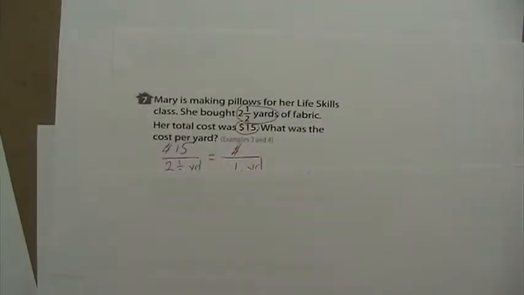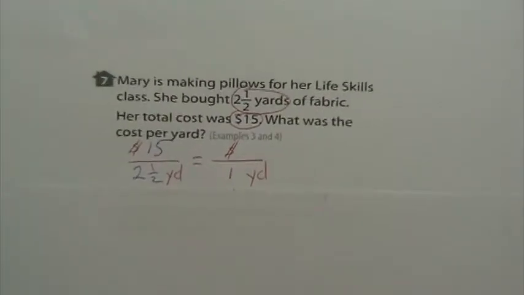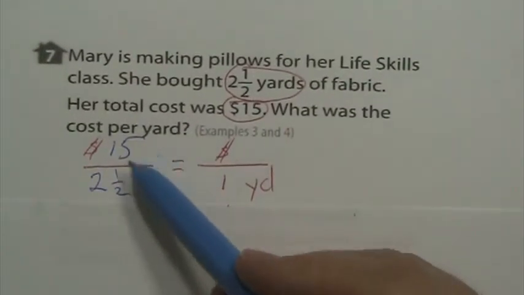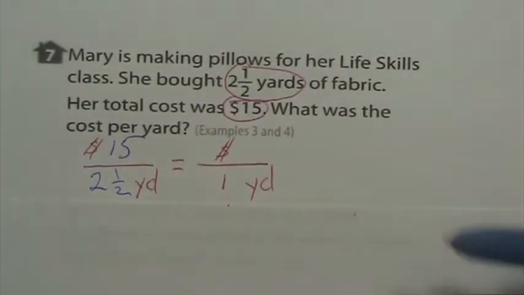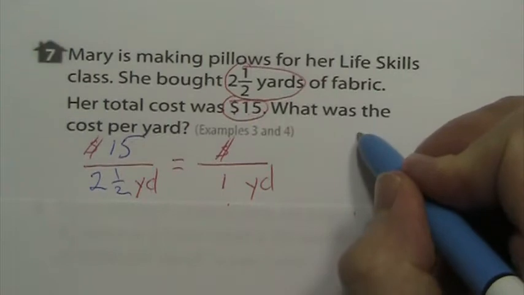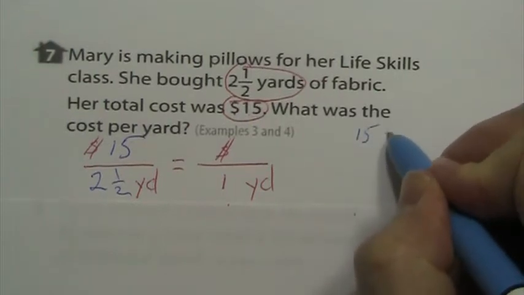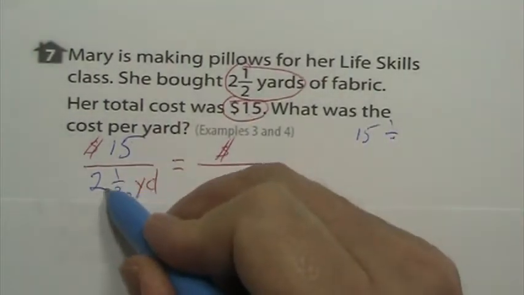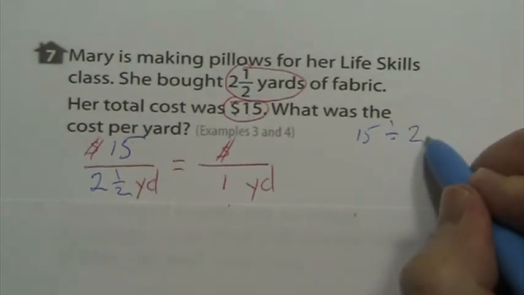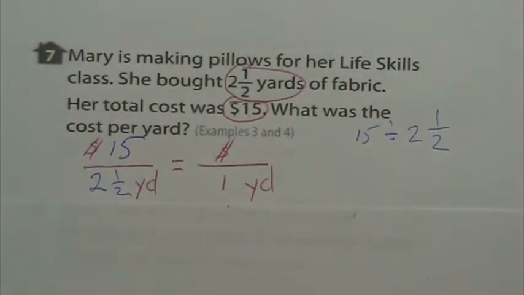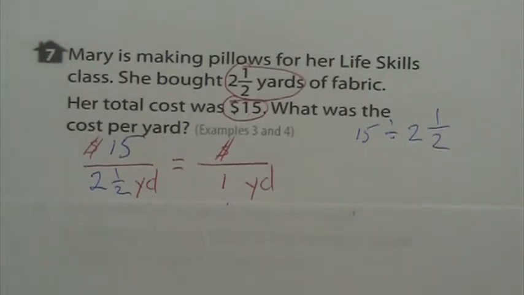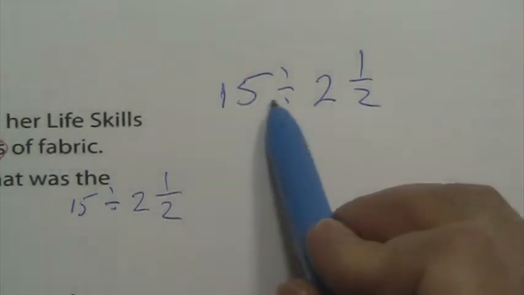So looking back here, if I want to find this answer, all I would do is take the top divided by the bottom. So that is 15, I'll write it to the side, 15 divided by 2.5. That's all I have to do. So whatever you get for that answer, 15 divided by 2.5, that is your answer. So I'm just going to write it over here to the side.